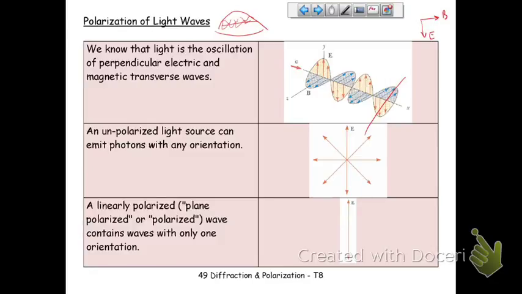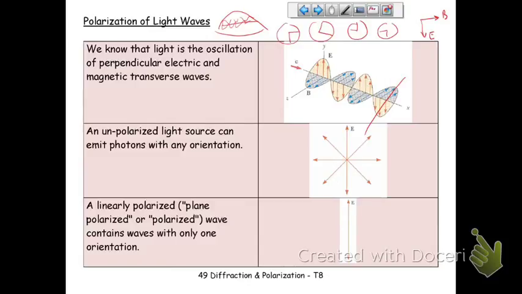If I have a normal light bulb, like an incandescent light bulb, or something like the sun or a flame, and I could look at all the photons, I would see one like that, one like that, and so on. It's like a football coming towards you. They're all going in the same direction, but they have different orientations of the ball.